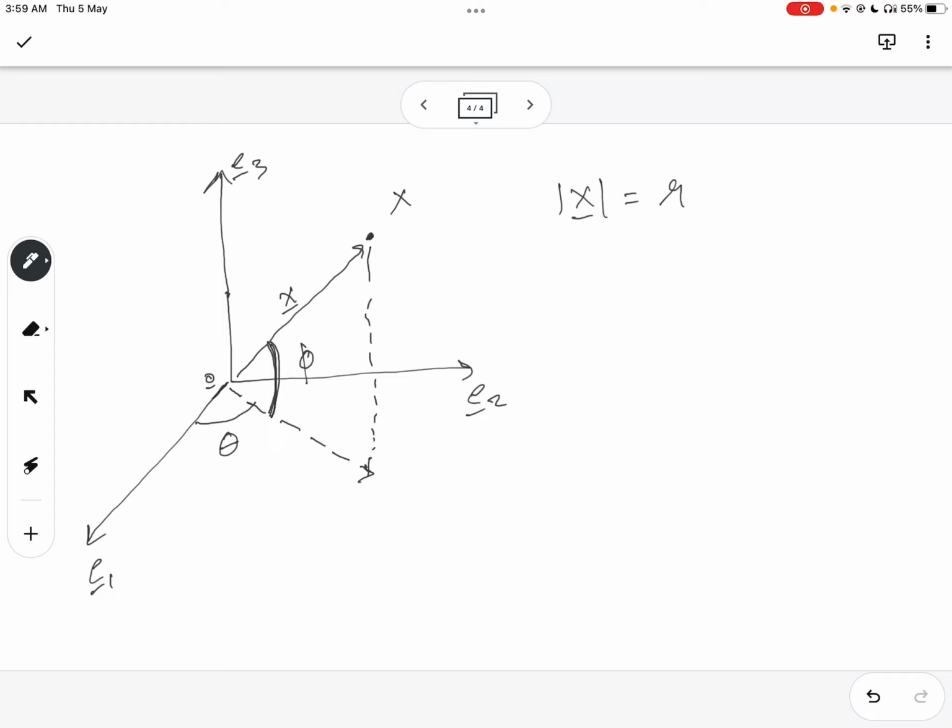So let the unit vector along this direction in the equatorial plane be e r theta.